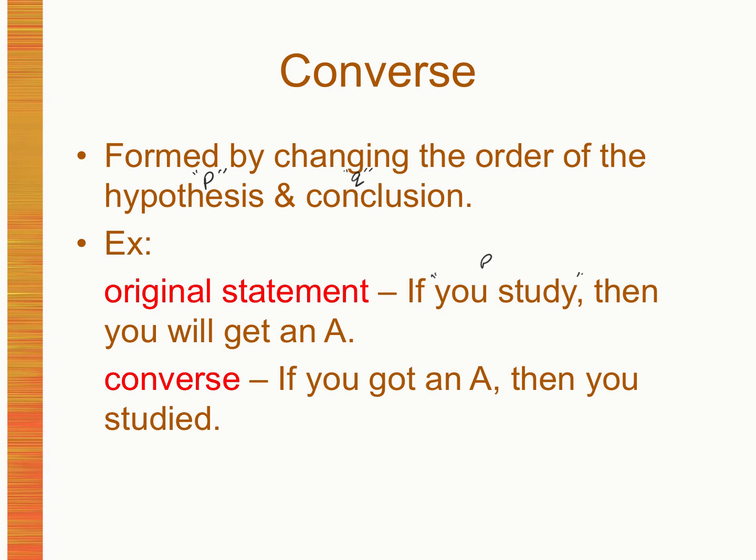Then you will get an A is your Q part, right? So if P, then Q. The converse of it says that if you get an A, then you studied. So if Q, then P. So what you did is you just switched the order.